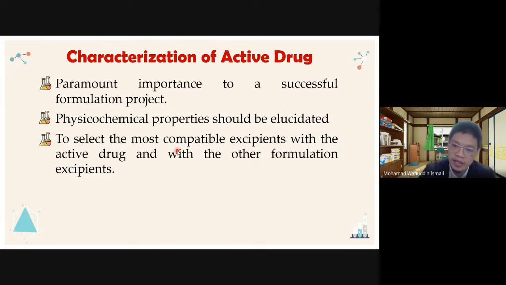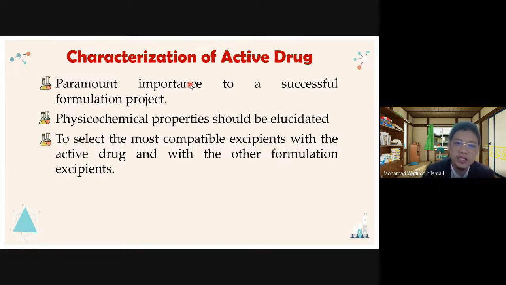As I mentioned in the introduction, we must know all the properties of the active drug, because from that we can look at the type of excipients and other ingredients, like solvents and excipients that control pH, suitable to be included with the active drug.